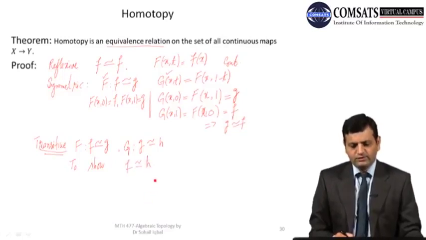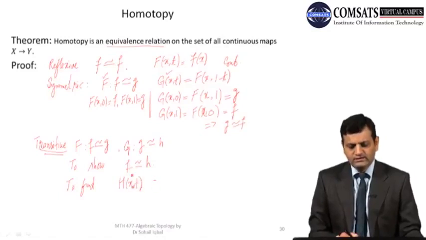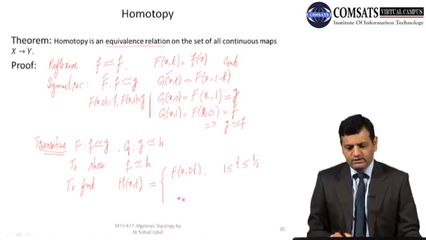So we need to find a homotopy H(x,t) such that H(x,0) is f and H(x,1) is h, and they are also continuous. So let's define H(x,t) in the following way: F(x,2t), where t varies from 0 to 1/2, and similarly G(x,2t-1), where t varies from 1/2 to 1.